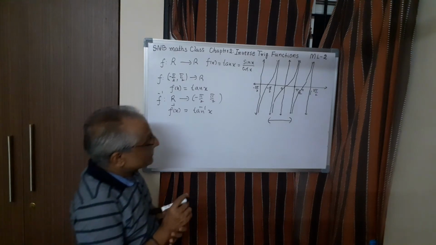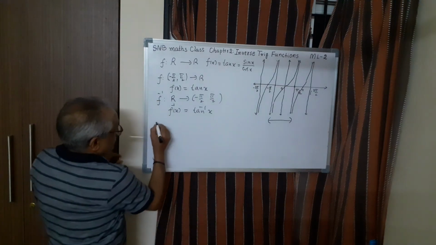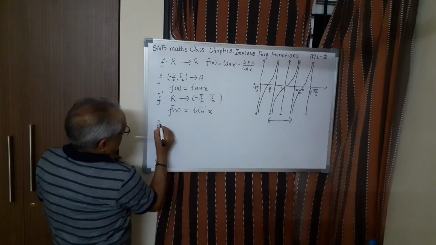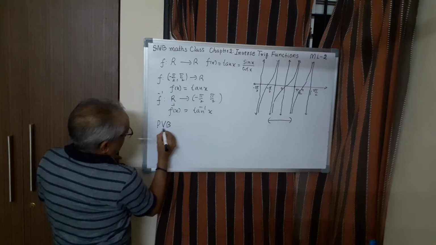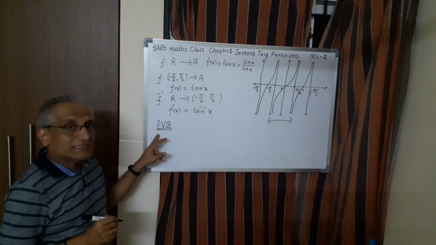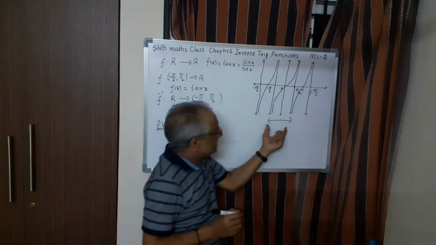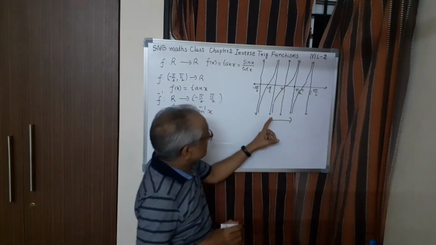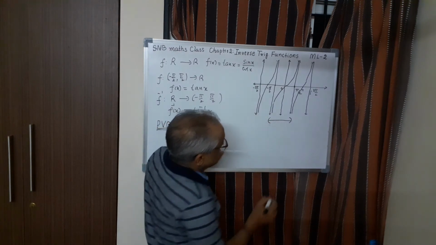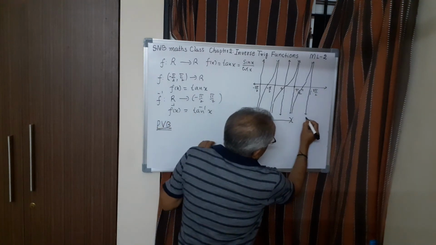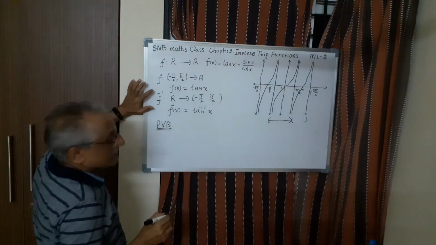Now as before, another concept which you have to remember is principal value branch. Here also same thing, and this concept is continued for all the remaining also. See, here we can define the inverse by taking minus pi by 2 to plus pi by 2. I can also take another interval and then define the same inverse function.